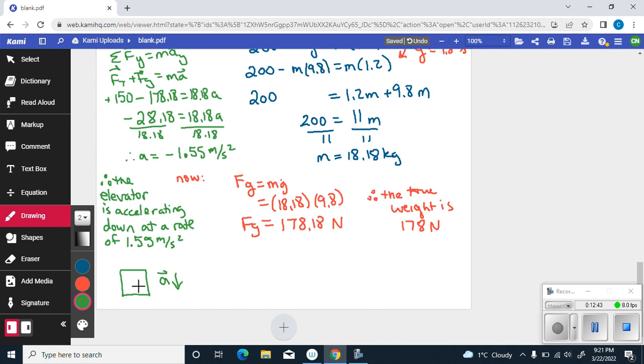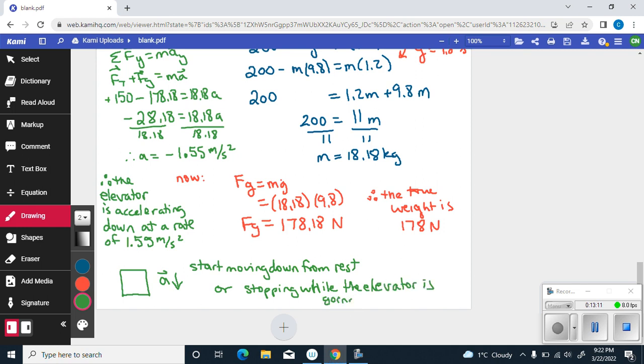So I either start from rest and start moving down, or I could be stopping while the elevator is going up. Right? So if the velocity is up and the acceleration is down, you're slowing down.